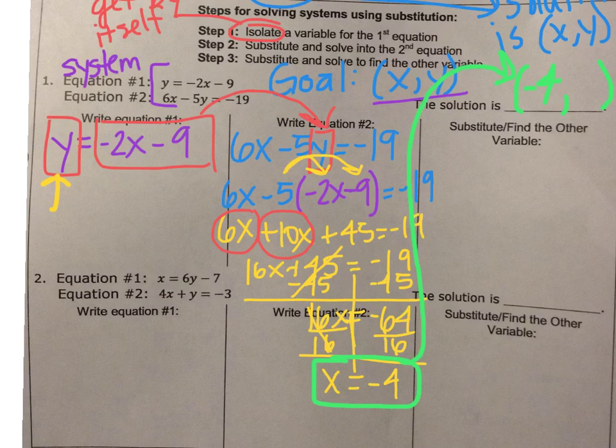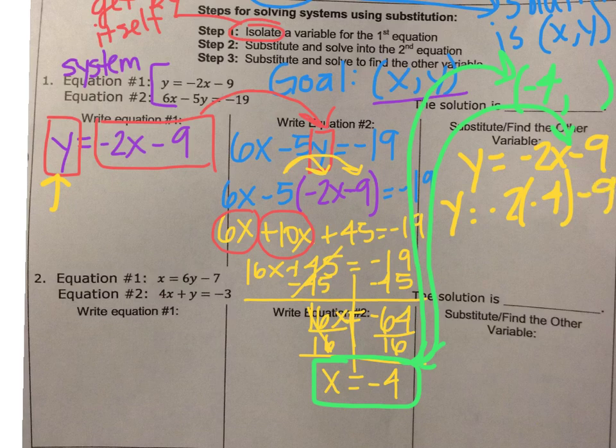So let's rewrite that equation and plug in what we know. We know that x is equal to negative 4. So we get y equals negative 2 times negative 4 minus 9. So y equals 8 minus 9. Therefore, y is equal to negative 1.